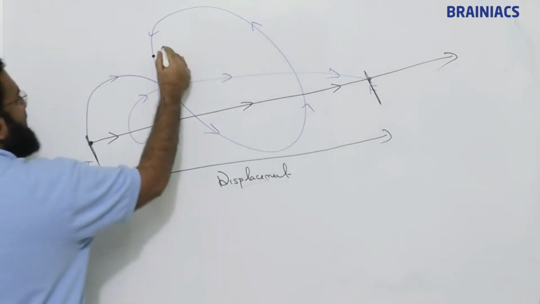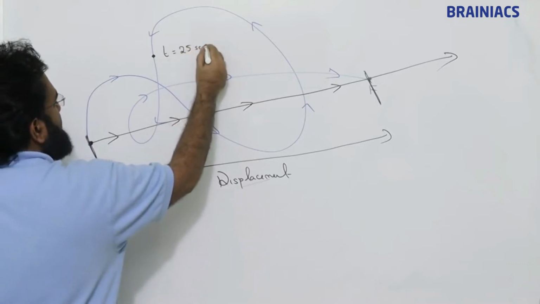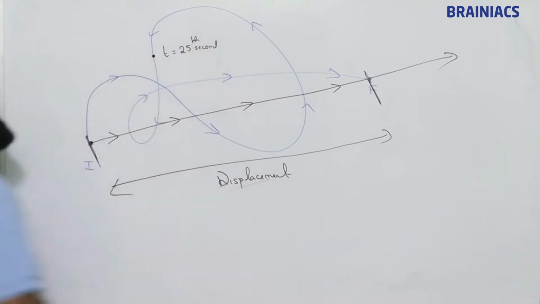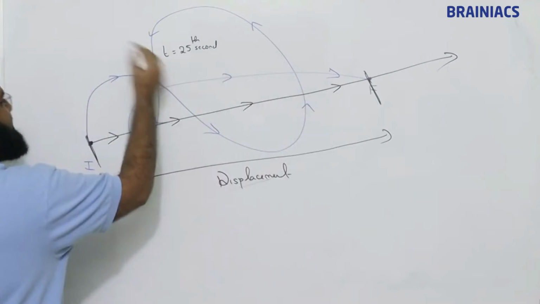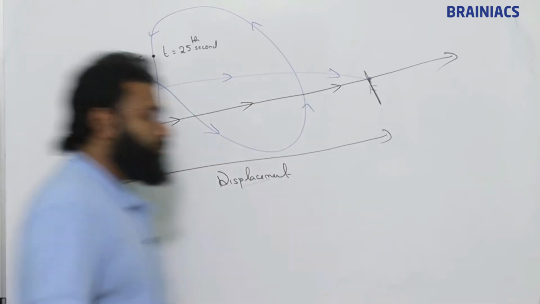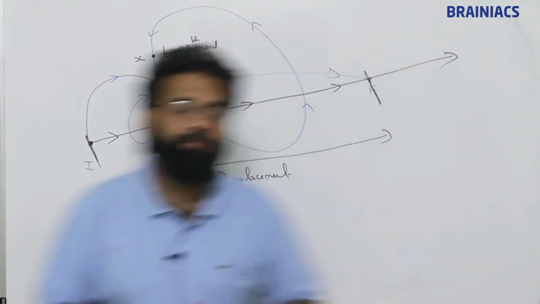Say for example, at this position t is equal to 25th second, the position of the vehicle or body is there. So this is the final position. I write this position as x. So at x, time is equal to 25 seconds. At the 25th second it has reached there.